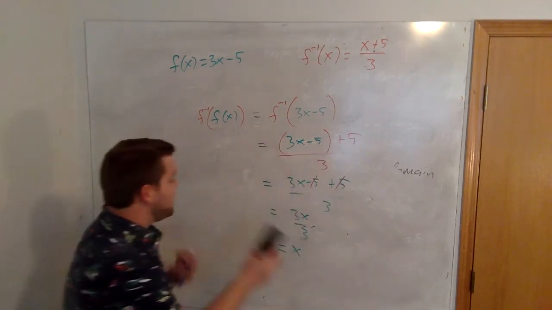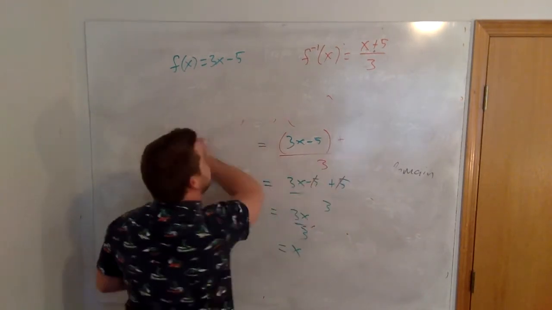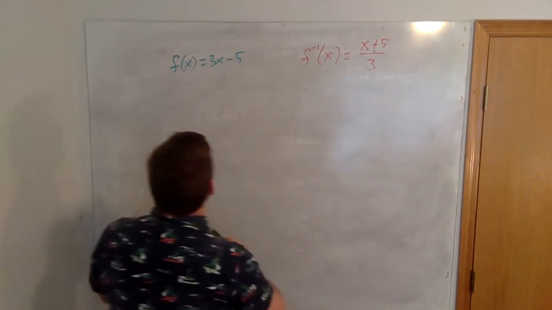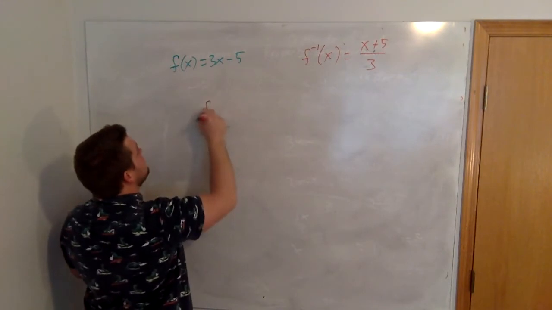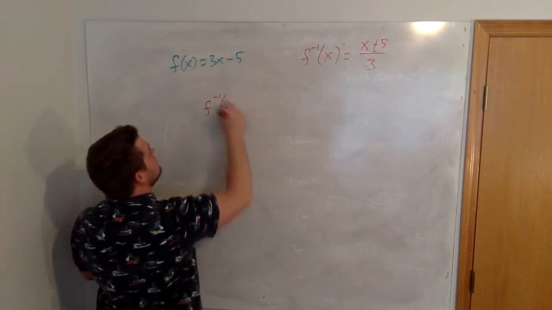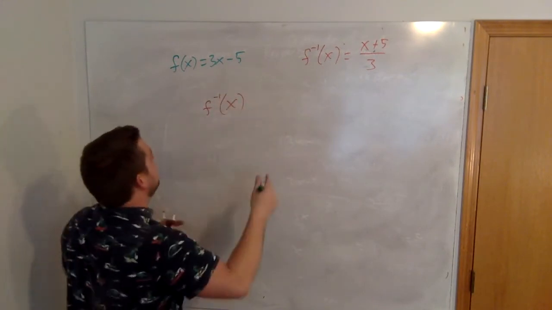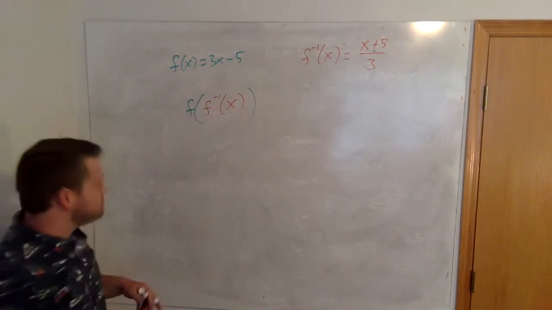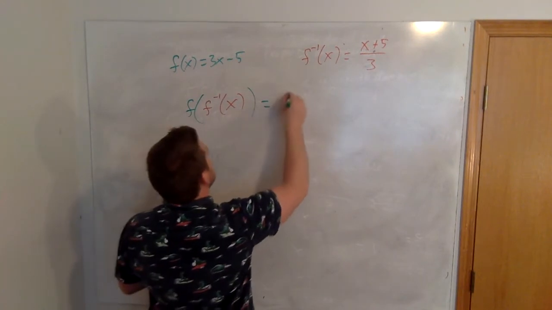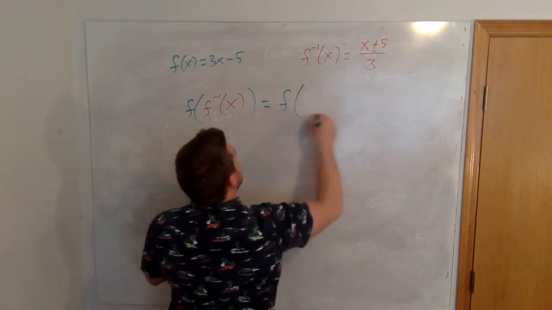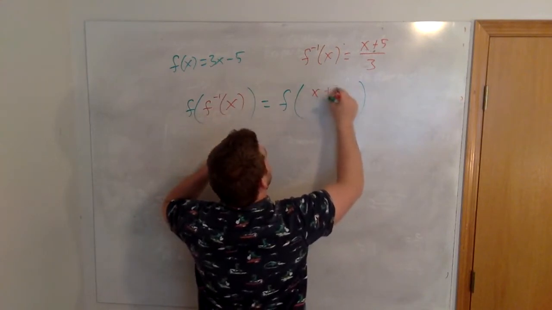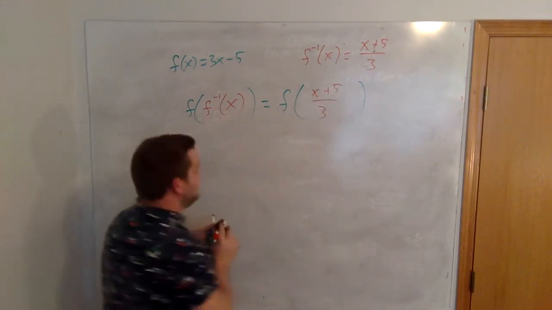Similarly, what if we do it the other way? Let's say we first start in the inverse, and then we plug it into f. What are we going to get? We'll have f, and then we're plugging in f inverse, so x plus 5 all over 3.